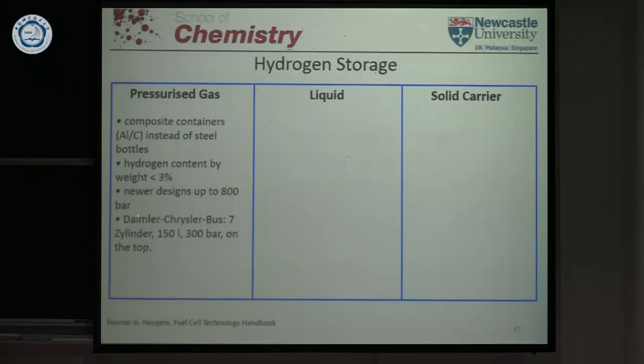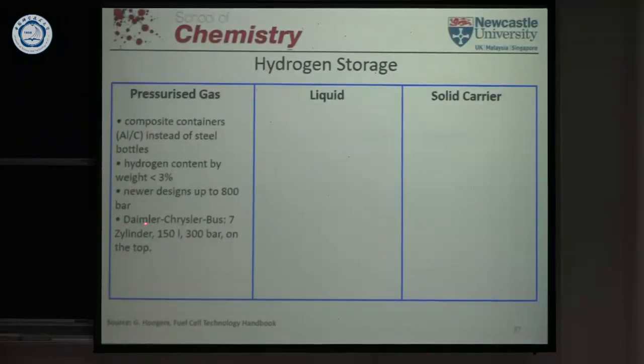And here you see what the pressures are. They can go up to 800 bar today, which allows you to store quite a considerable amount of hydrogen. Still, by weight, a small number because hydrogen is so light.